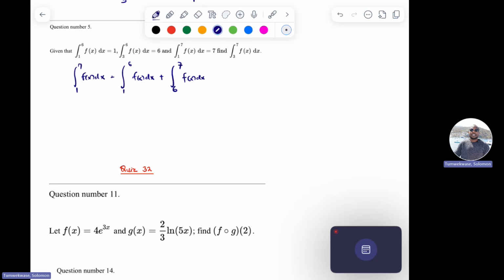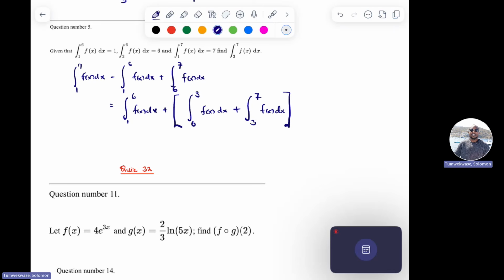Now, this is integral from 1 to 6 f of x dx plus, now this 6 to 7, I can write it as integral from 6 to 3 f of x dx, then plus integral from 3 to 7 f of x dx.